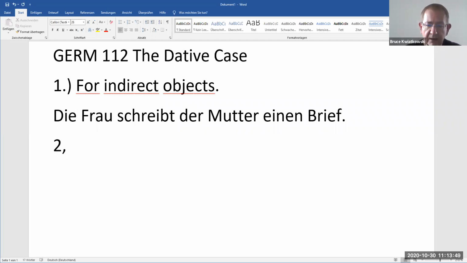Then we use the dative case for dative prepositions.